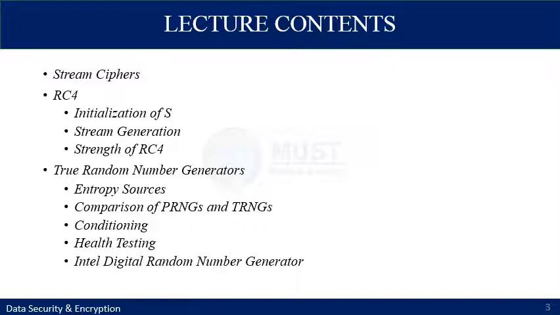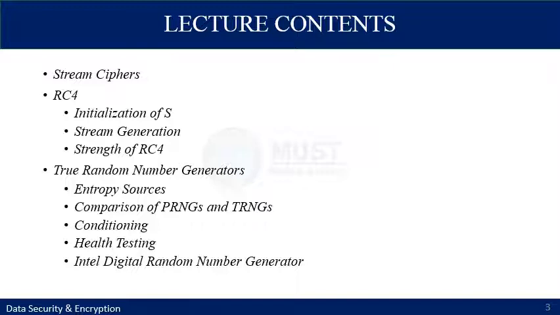We will briefly discuss the concepts discussed in the last lecture about random bit generations, and the most important topics discussed in the last two lectures were entropy sources and the comparison of pseudo random number generators and true random number generators.